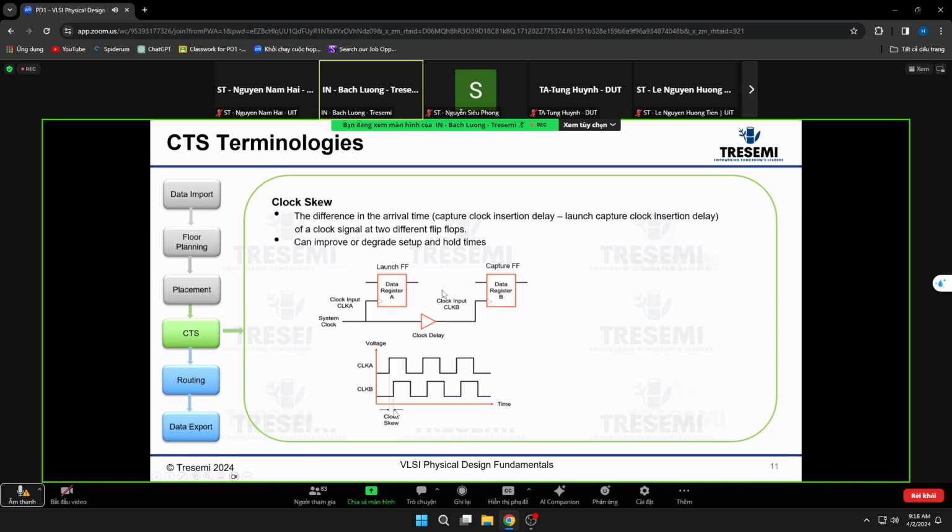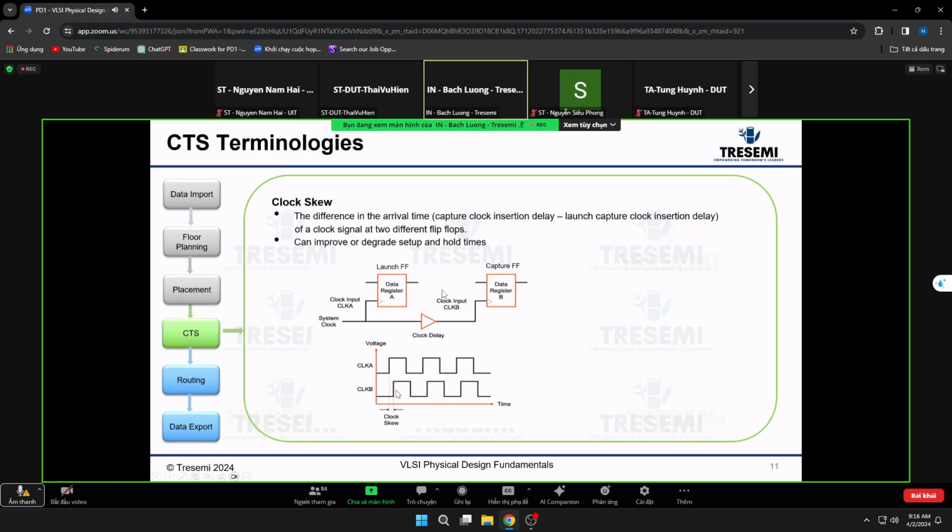So the goal of CTS is to minimize clock skew. If you have a clock that goes to 100,000 flops, then the goal is to balance, to make sure that the arrival time at each of these flops is within a small window. If you set the target to be, let's say, 30 picoseconds, then we try to achieve a difference within 30 picoseconds.